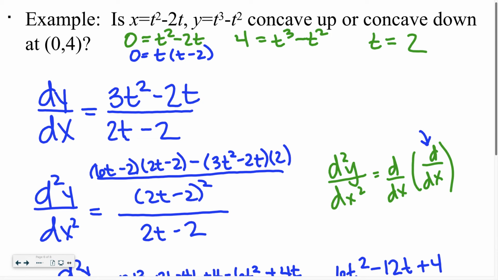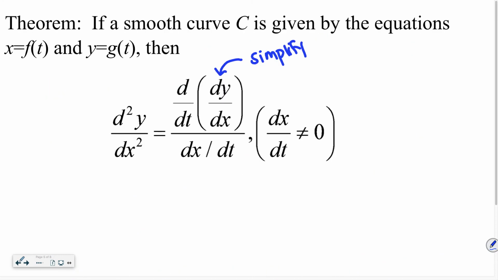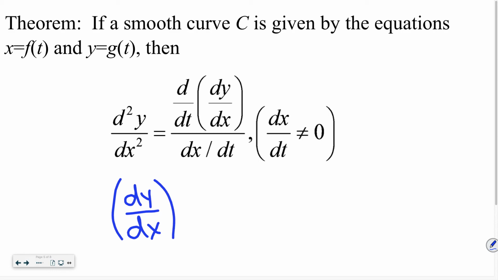Now, I think I have a good explanation for you. When we have our derivative and we want to take the next derivative, we are not in terms of x, so we can't do this.